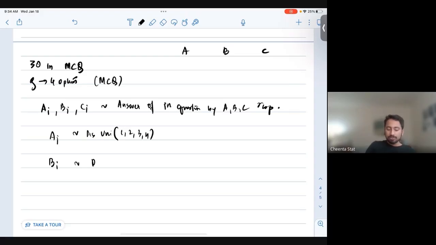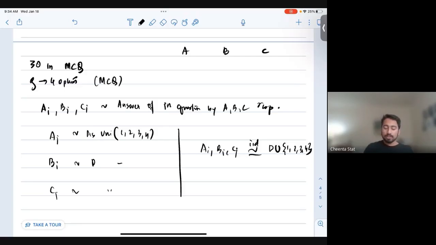And Bi is also discrete uniform 1, 2, 3, 4, and Ci is also discrete uniform 1, 2, 3, 4. So Ai, Bi, Ci are nothing but IID discrete uniform 1, 2, 3, 4. Okay, great.